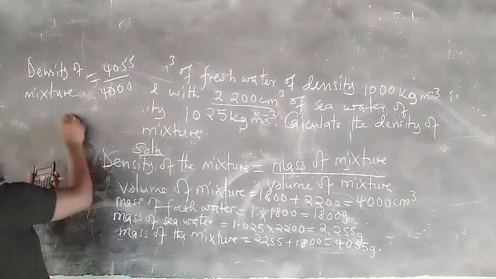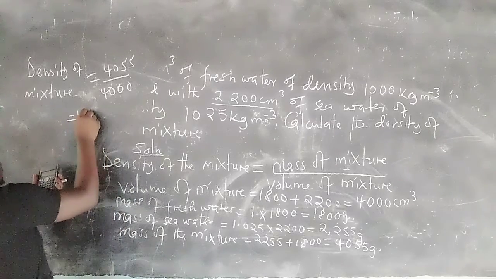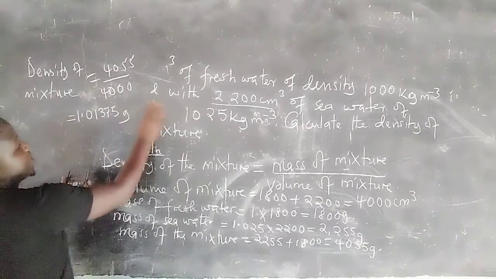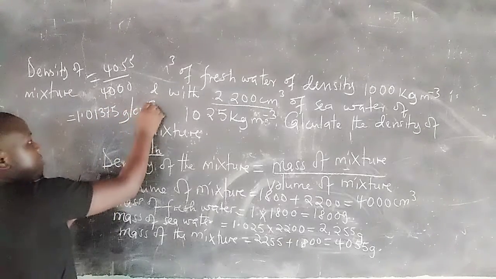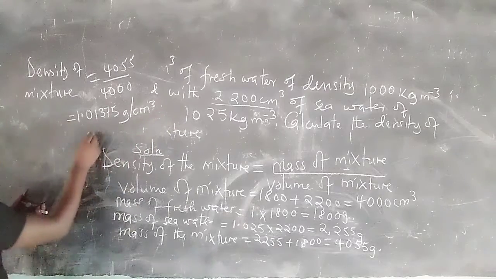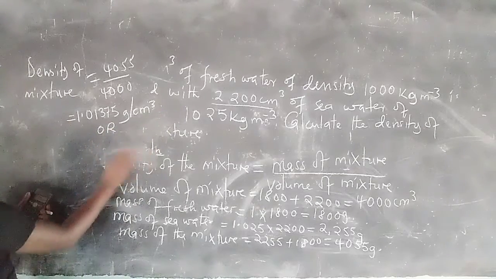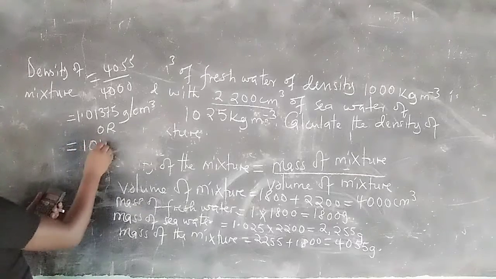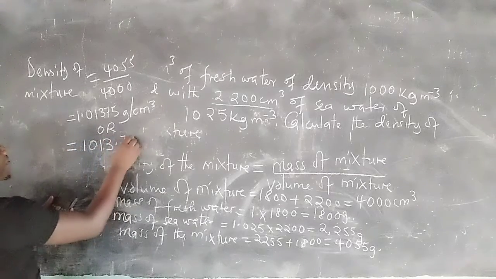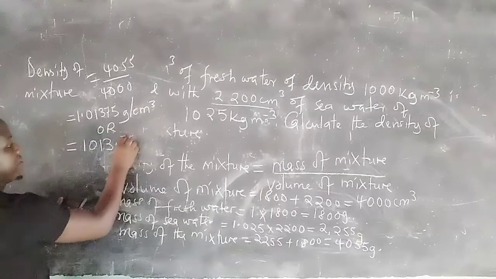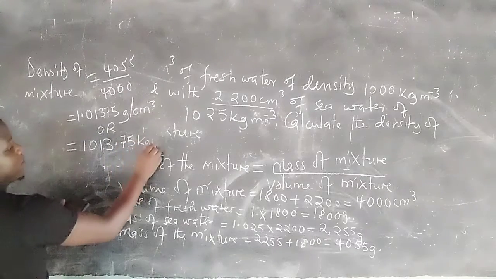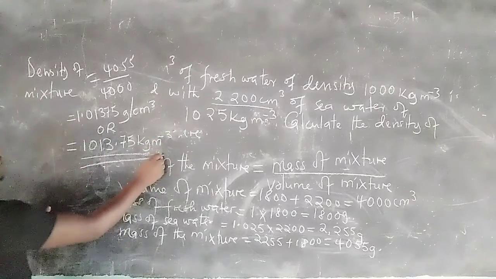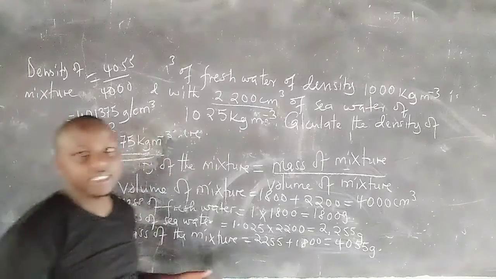This gives us 1.01375 grams per cubic centimeter, a value which can be converted to SI units by multiplying by 1,000, and this will give us 1013.75 kilograms per cubic meter. Therefore, the density of the mixture is given as this value.